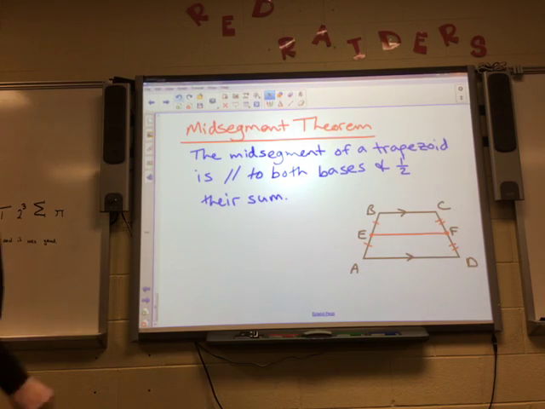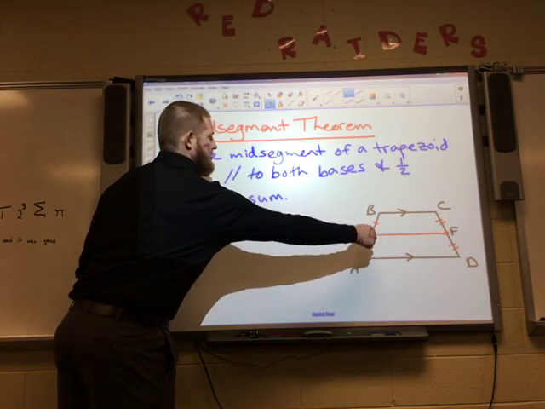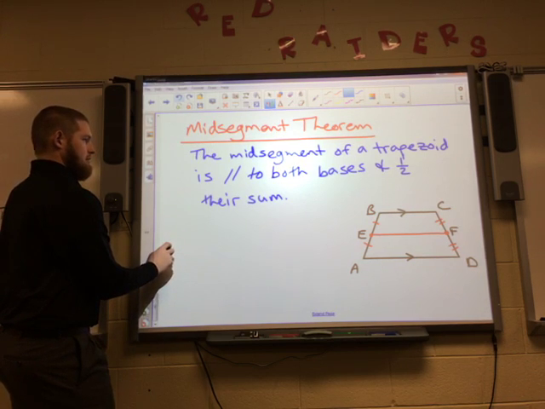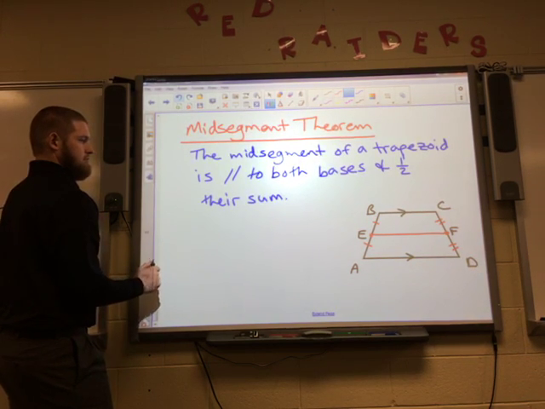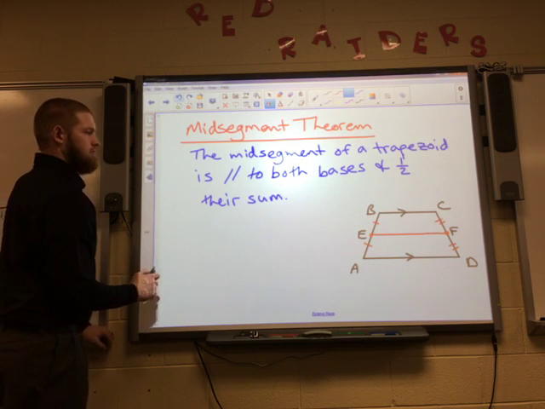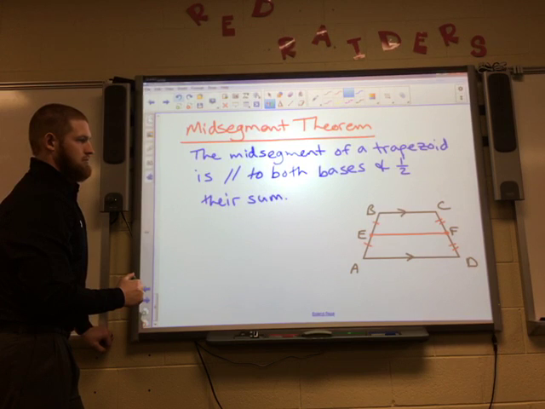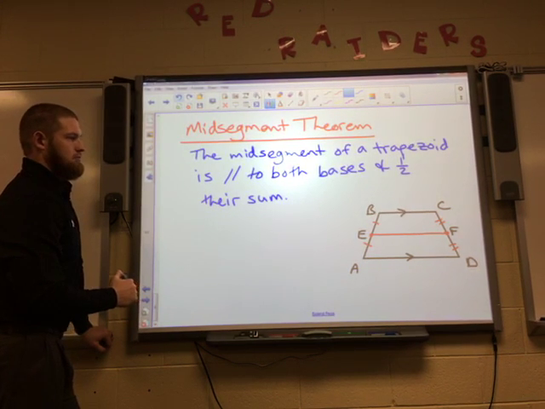So, Seth, what is one thing that must be true about this diagram based on this theorem? Mid-segment is half the sum of the bases.